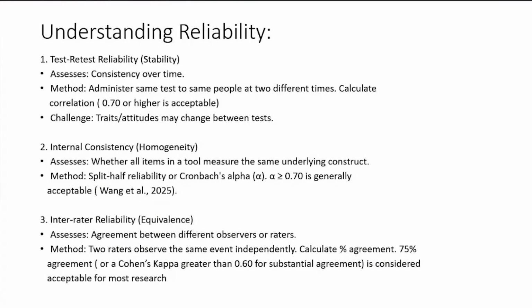Most of the time, we calculate it. Here, what you do is you administer the same test to the same people at two different times. First, you administer the instrument and calculate, then second, you administer again. So it establishes the stability of that instrument.